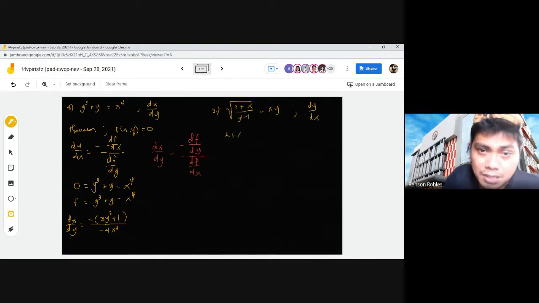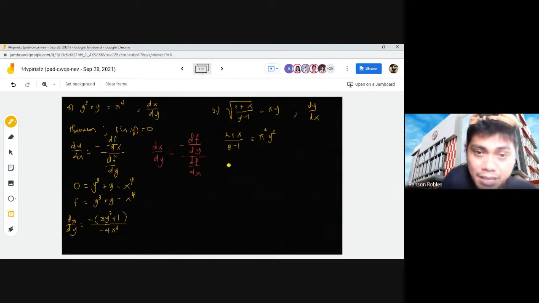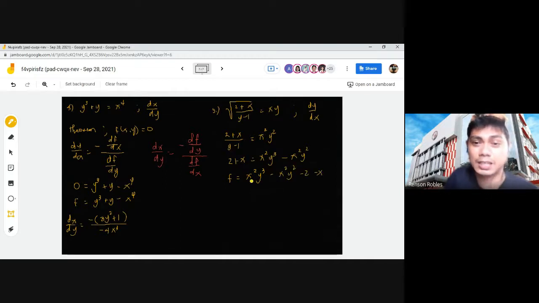So you have 2 plus x all over y minus 1 equals, squaring both sides, x squared y squared. And then you cross multiply: 2 plus x equals x squared y squared times y is x squared y cubed, x squared y squared times negative 1 is negative x squared y squared. And then you write this in this form. F is equal to x squared y cubed minus x squared y squared, then minus 2, then minus x. And that is our f.